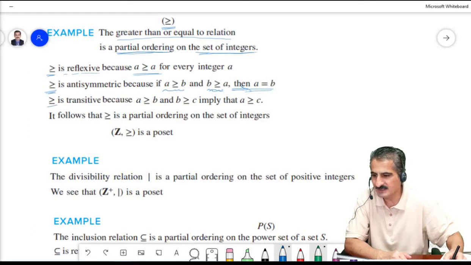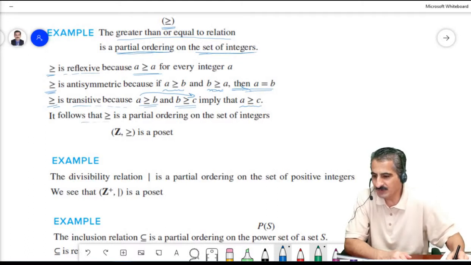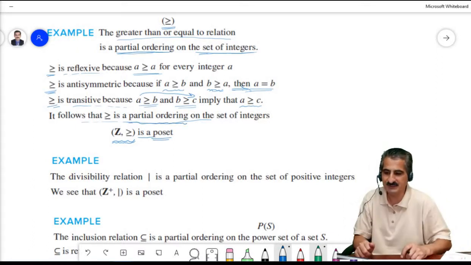It is easy to see this property. If A is greater than or equal to B and B is greater than or equal to C, then for sure A is greater than or equal to C. So it follows that this is a partially ordered set. Here Z with the greater than or equal relation is a POSET, a partially ordered set.